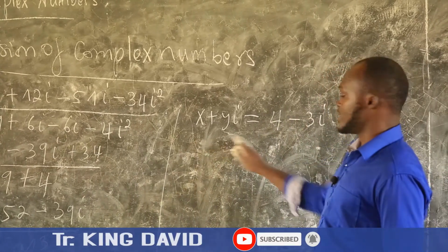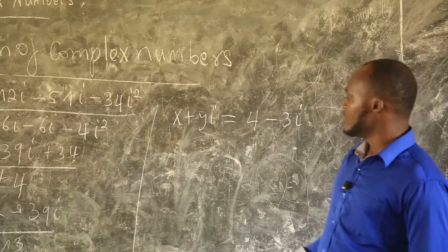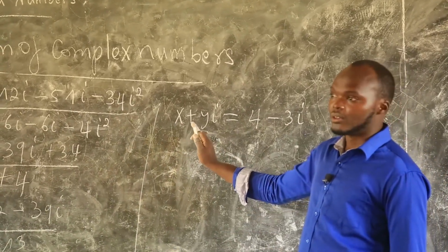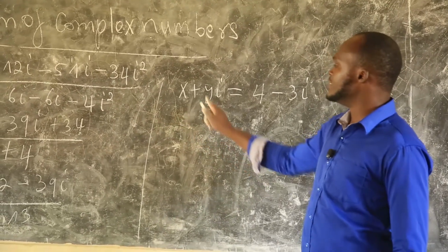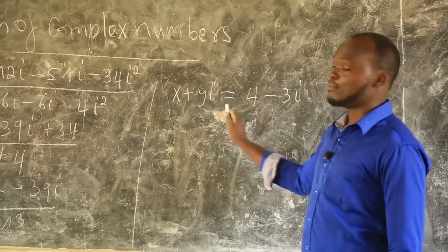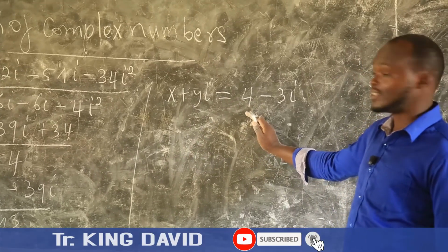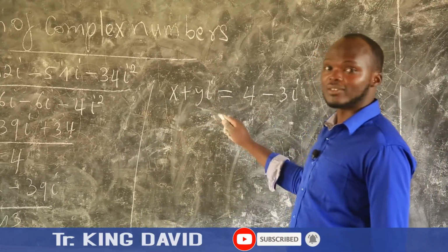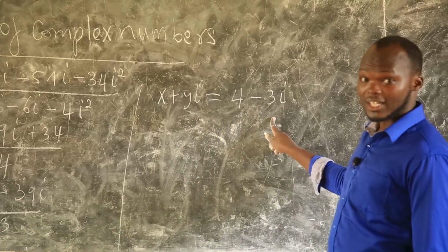So this is equality. We're going to use equality of complex numbers. If we remember, when two complex numbers are equal, the real part of the left-hand side must be equal to the real part of the right-hand side, and the imaginary part of the left-hand side must be equal to the imaginary part of the right-hand side.